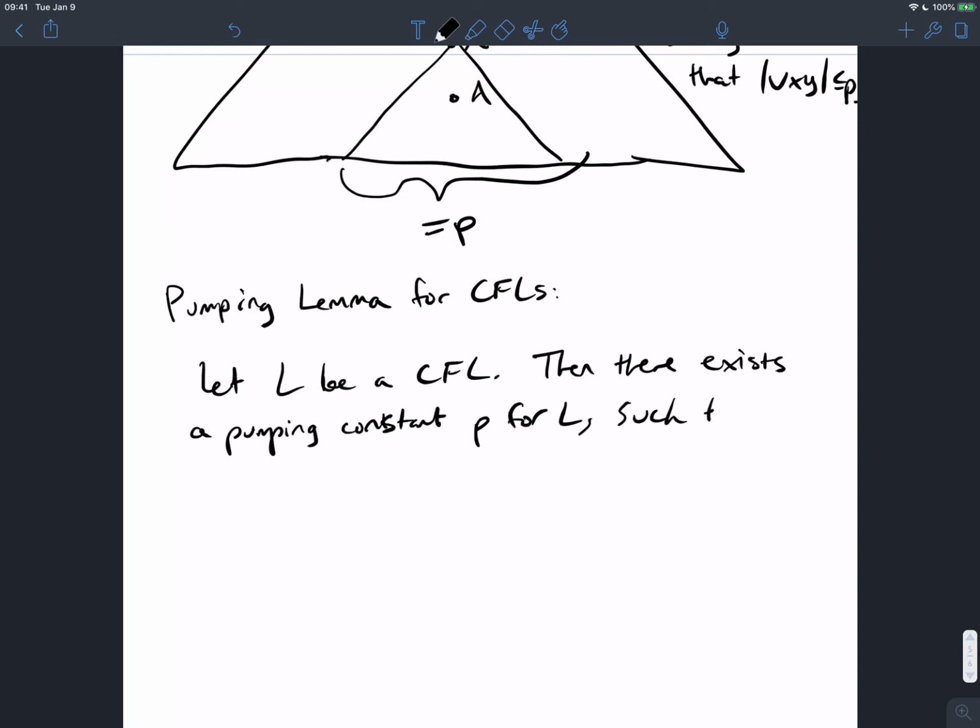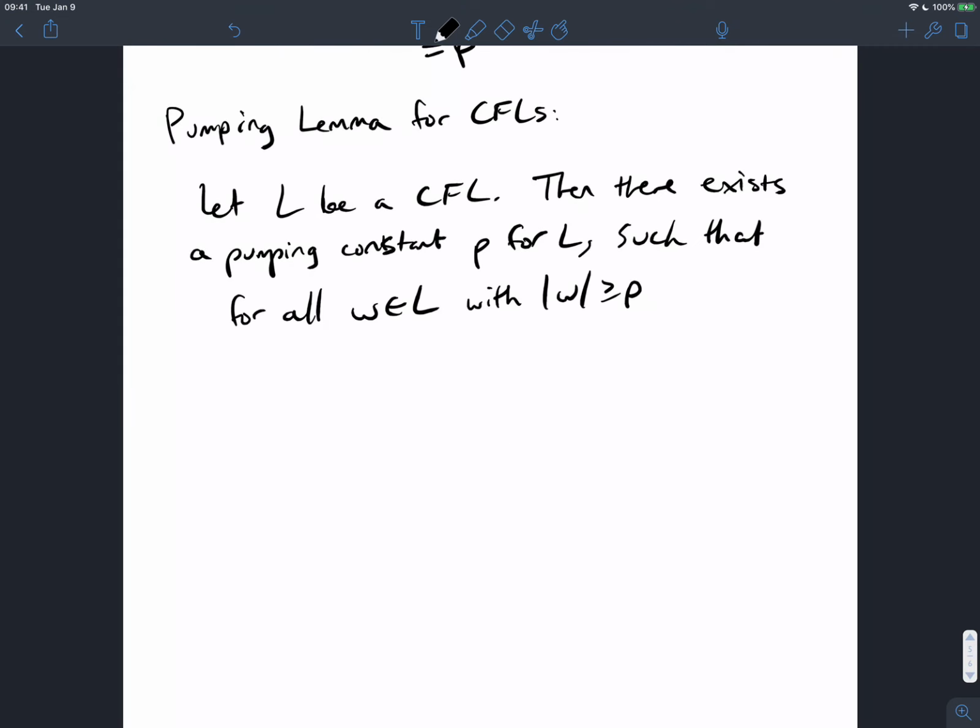So such that for all strings in the language, meaning it has a parse tree, with length at least this number, which means that we can now guarantee there is a repeating occurrence of a variable, then there is some way to break it up into 5 pieces.